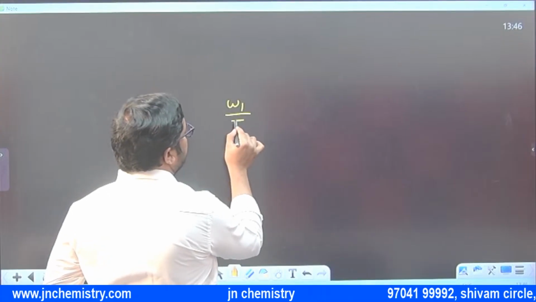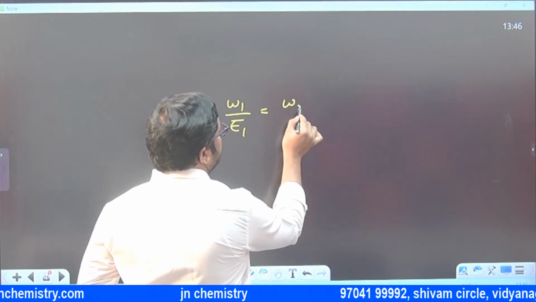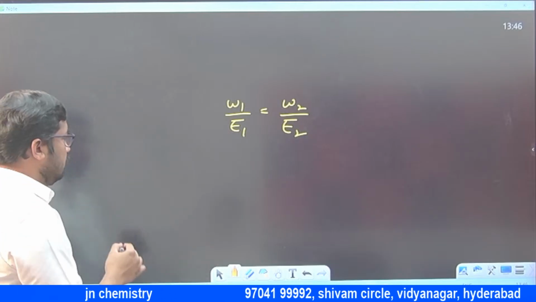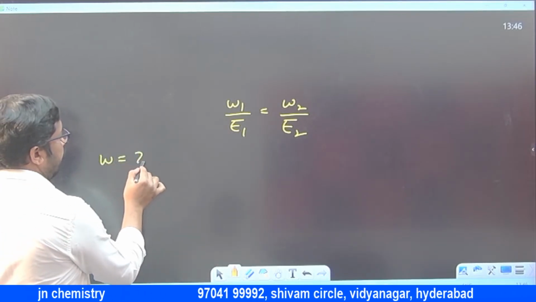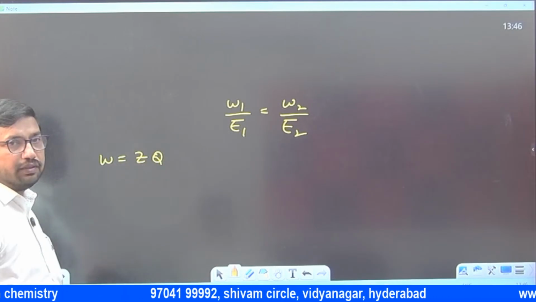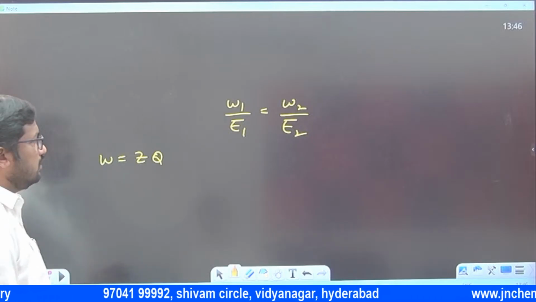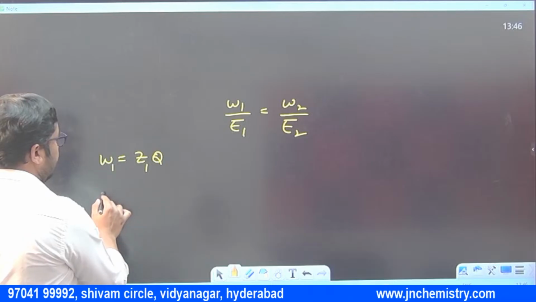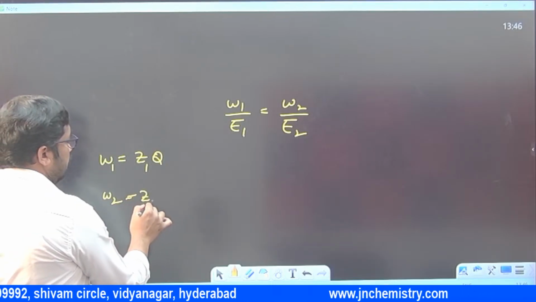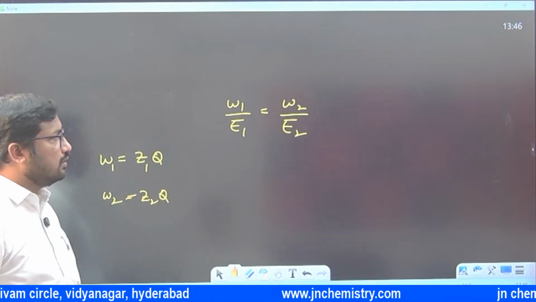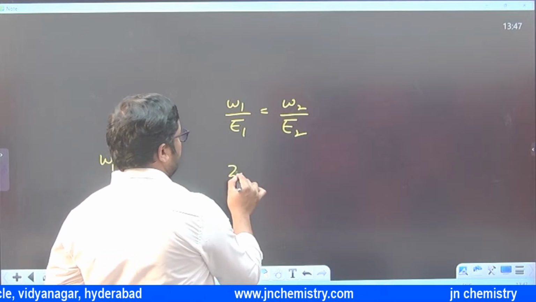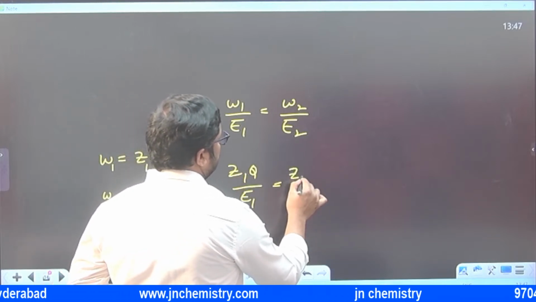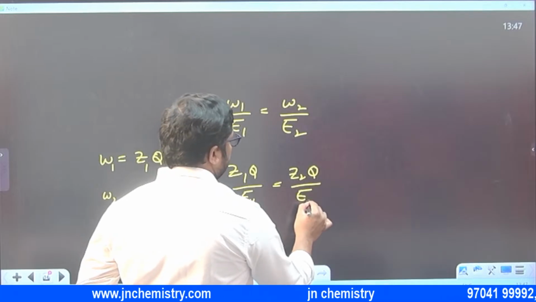W1 by E1 equals W2 by E2. W means what? ZQ, right? We are passing the same current. So W1 is Z1 Q, W2 is Z2 Q. So Z1 Q by E1 equals Z2 Q by E2.